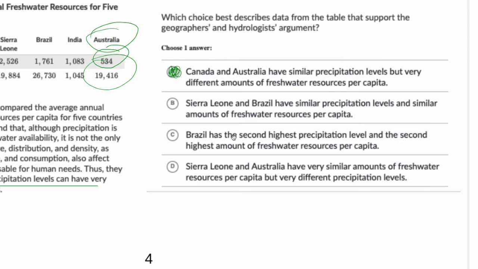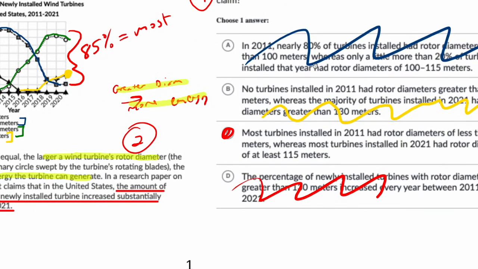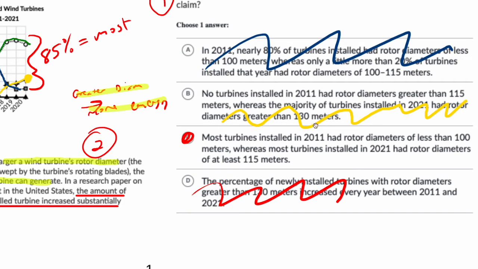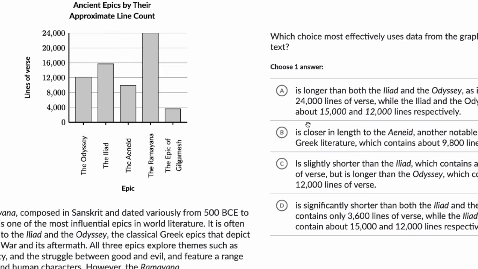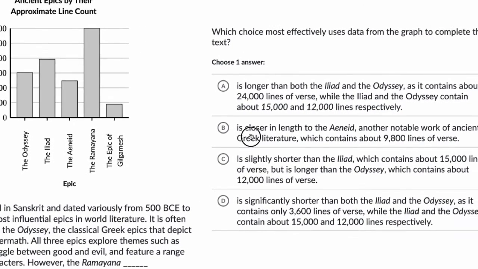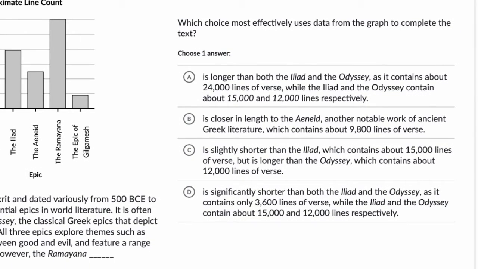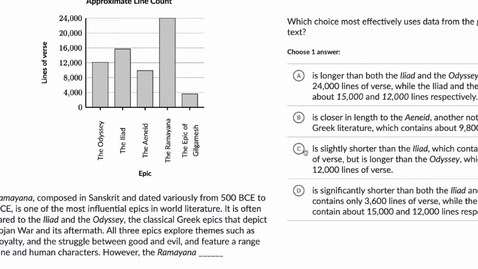So kind of contrasting with what we saw way back here where 3 of them were at least potentially relevant. And then number 7. Which choice most effectively uses data from the table to complete the text?